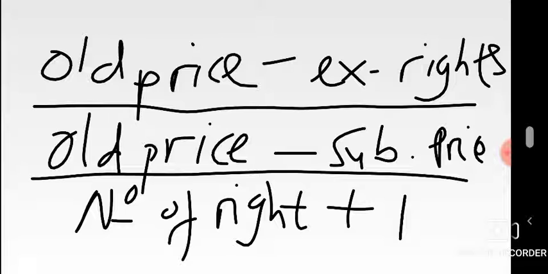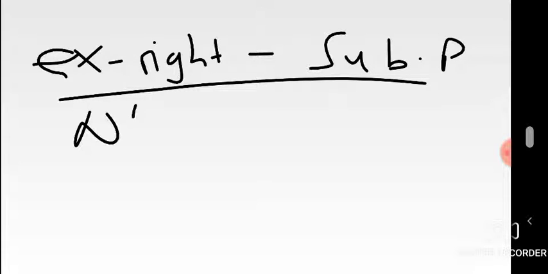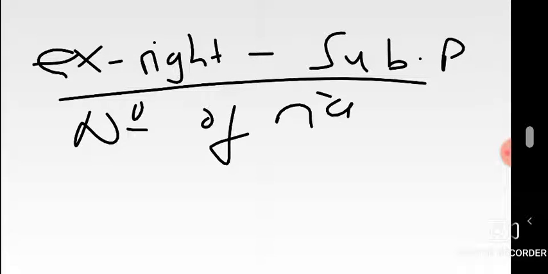I'll explain the number of rights on the next question because it has this scenario. That's why I'll explain it more, this number of rights you're seeing in the denominator. But otherwise, just know that these are the formulas, plus there's one more that I'm missing. This other one is X rights minus subscription price over number of rights. That's all. These are the formulas you need to know for the value of a right.